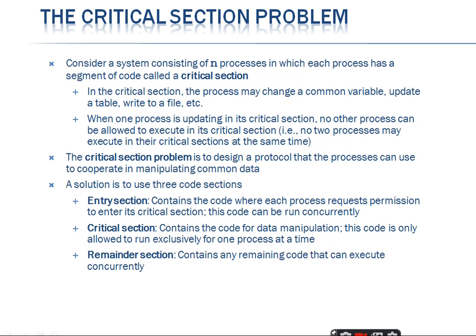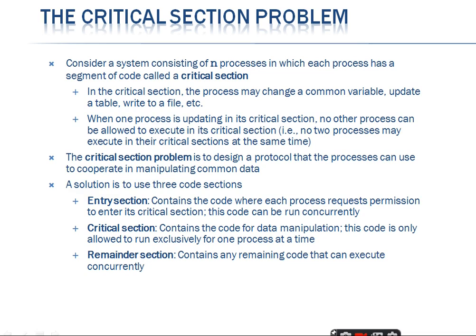So here, when one process is executing the code of its critical section, then no other process can be allowed to execute in its critical section. If we allow another process to execute its critical section at the same time, then it will result in a race condition.